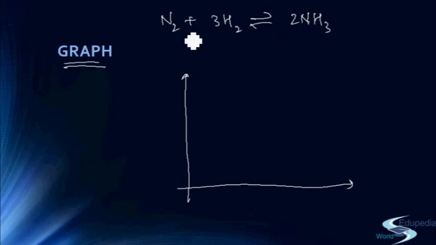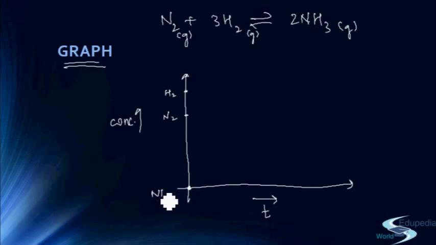In this reaction, I have reactants N2 and H2 and product ammonia. Let's assume initially I only started with nitrogen and hydrogen. So this is my initial nitrogen and this is my initial hydrogen concentration on the y-axis, and the progress of reaction, that is time, is shown on the x-axis. The amount of ammonia initially is assumed to be 0.